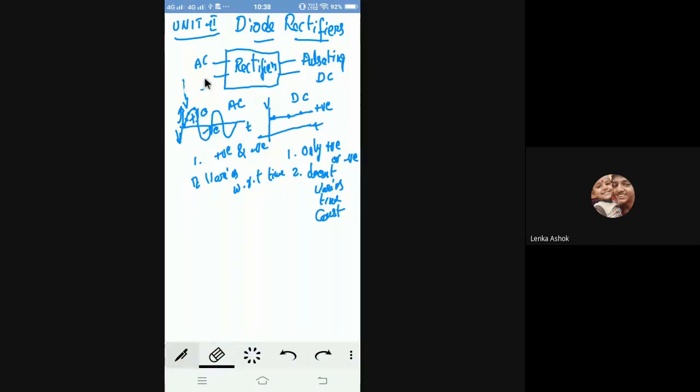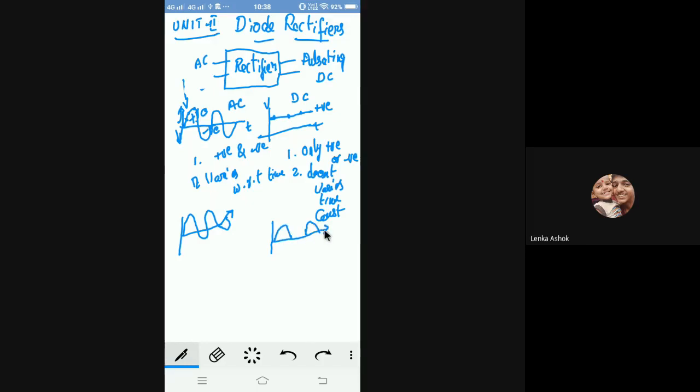Let us consider this is my input for the rectifier, an AC signal. And what is the output of a rectifier?